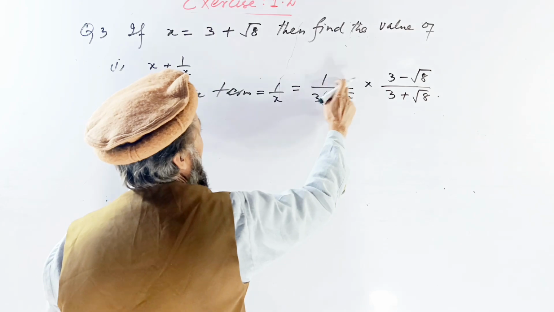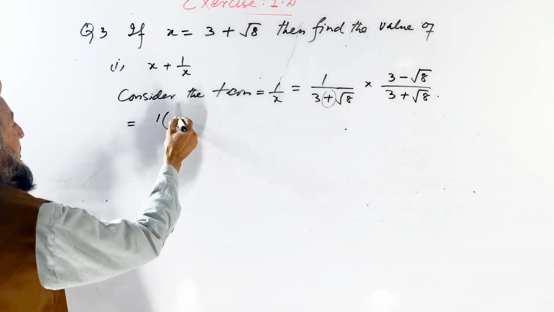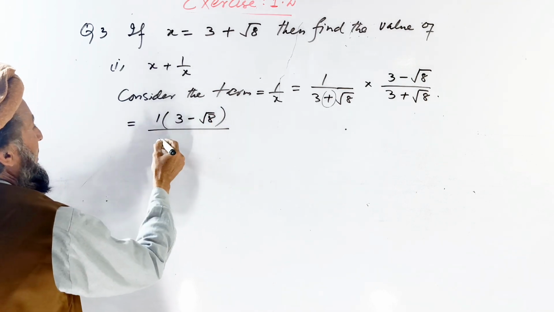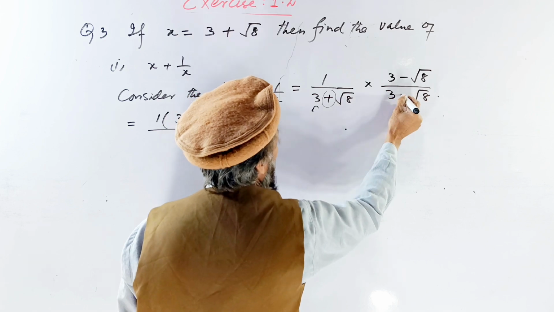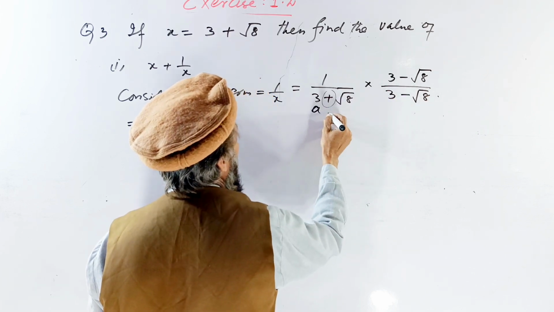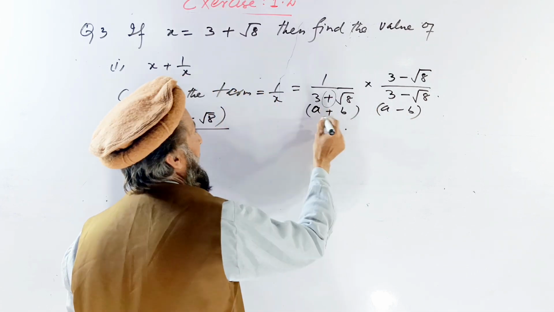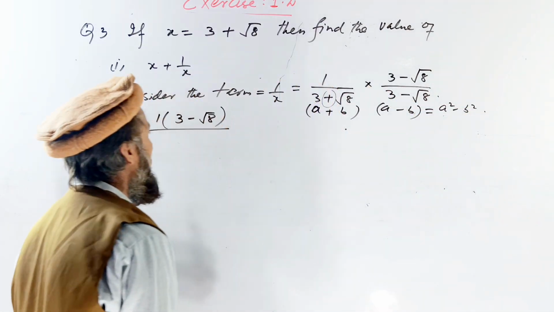So the numerators are multiplied: 1 multiplied by 3 minus square root of 8, divided by, using the formula a plus b and a minus b, the a square minus b square formula.